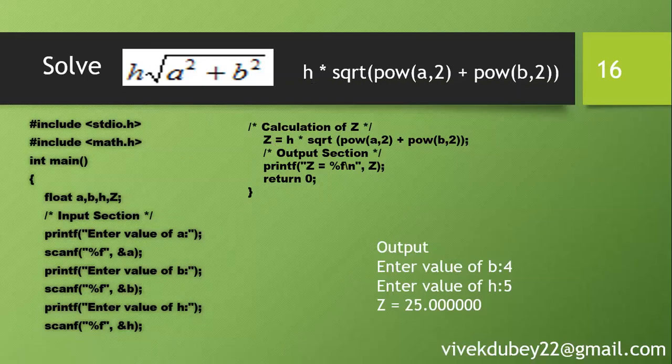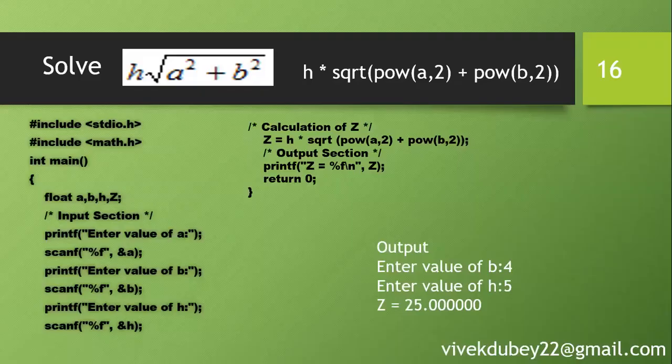Now this output we will display on screen through printf. So this is our final output. Enter the value of B, let it be 4, enter the value of H, let it be 5. So when this formula executes, we should get 25.